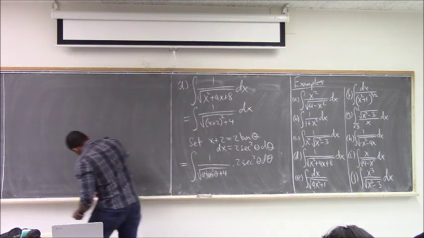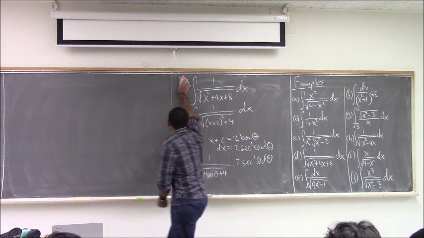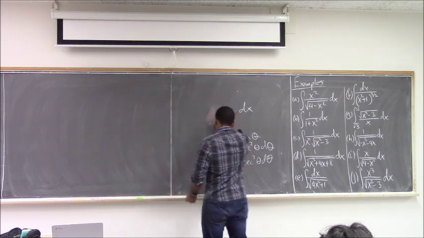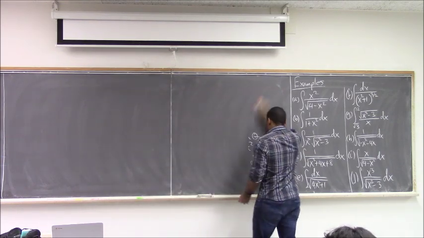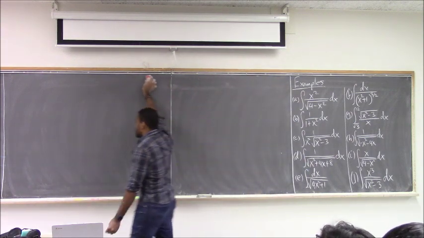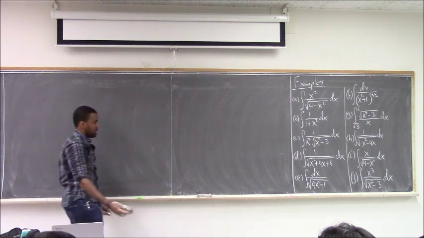Okay, so that table I gave you at the beginning of this section, obviously that's another thing you have to have memorized, because you need to know what expression is convenient for a trig substitution. So the main trig substitution is x equals a sine theta, or x equals a tan theta, or x equals a secant theta.